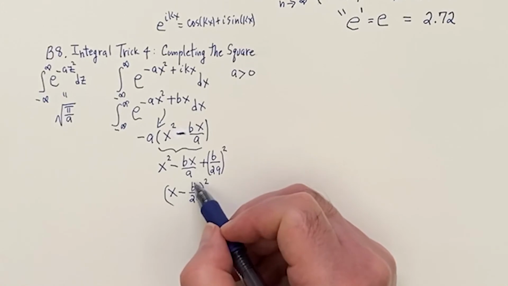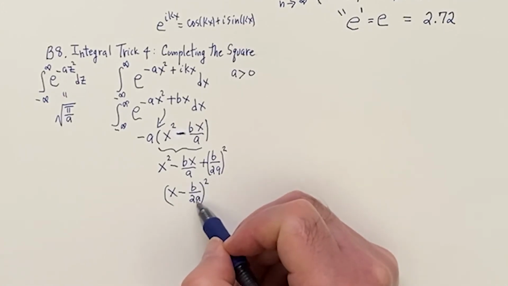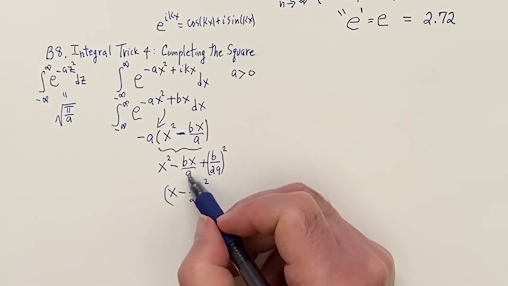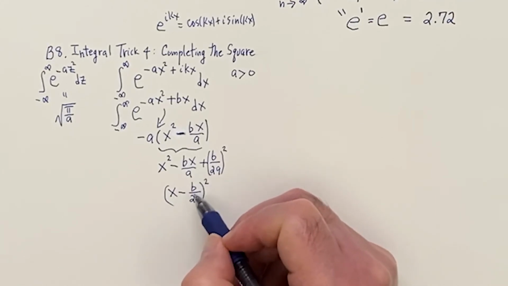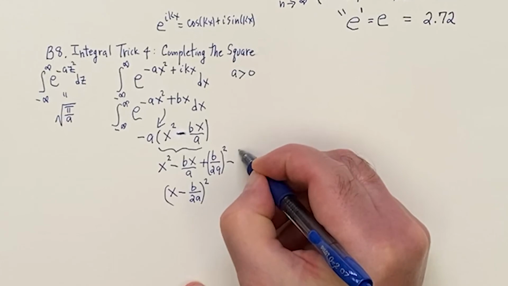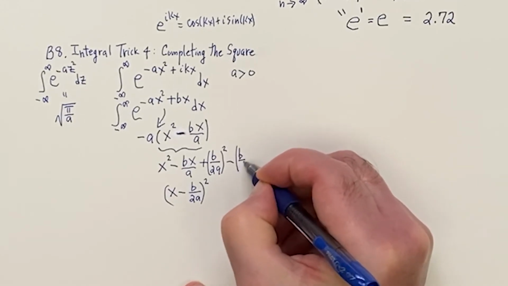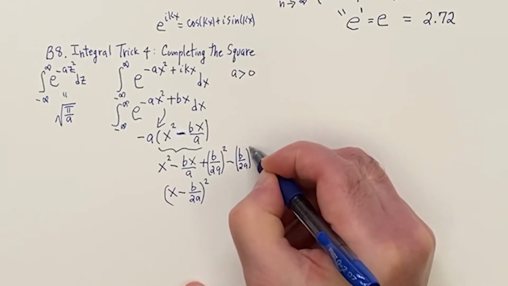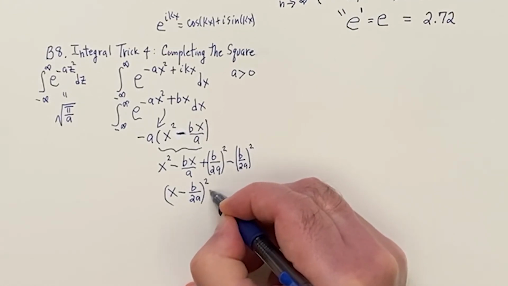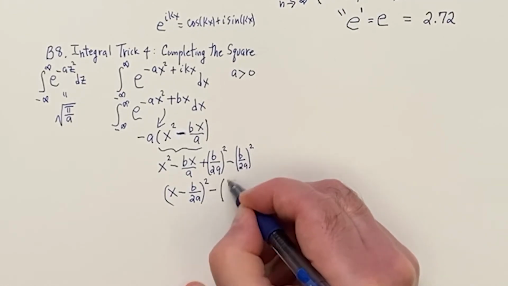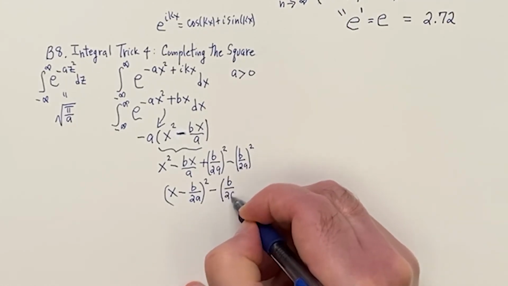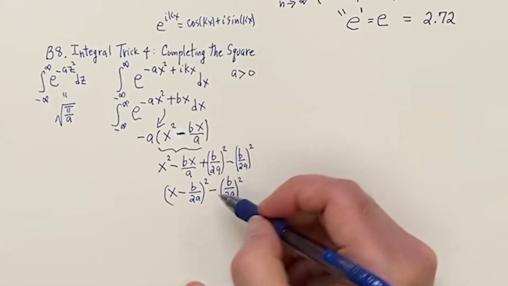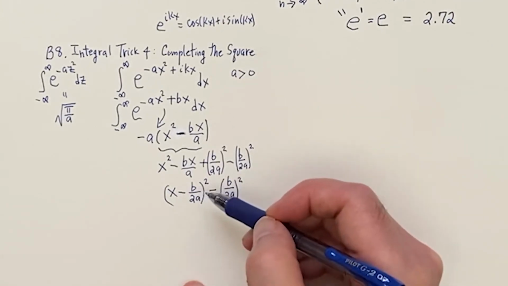So the bx over 2a times 2 kills the 2, and then you have the minus sign. So this is completing the square, but if you add this, you're going to have to subtract it so we don't change things. So we need to put a minus b over 2a squared. So now we have the same thing.